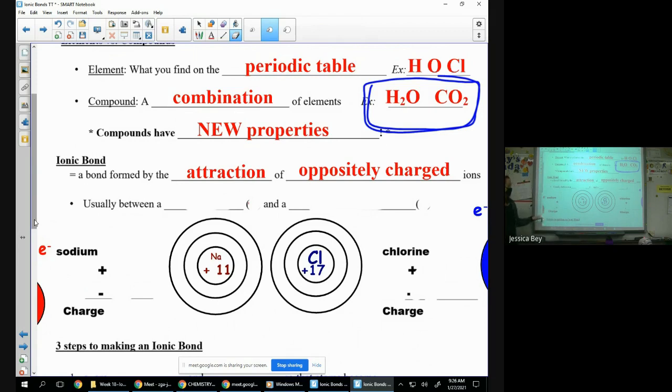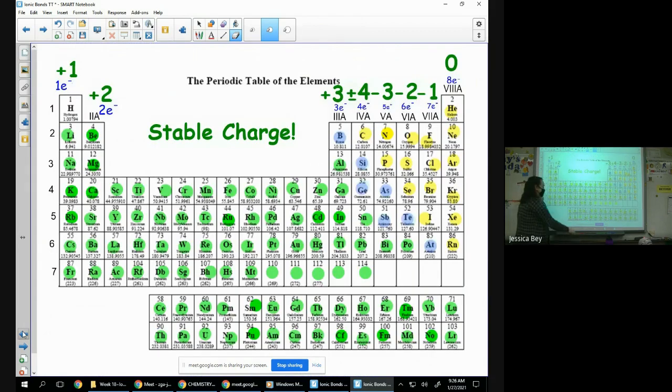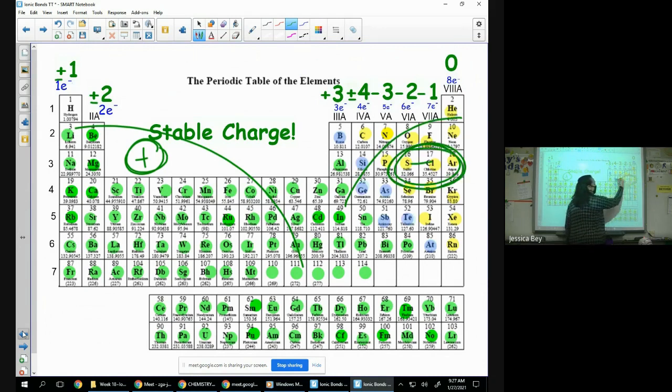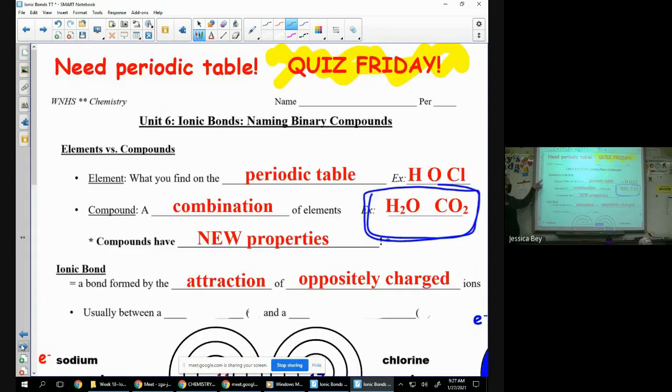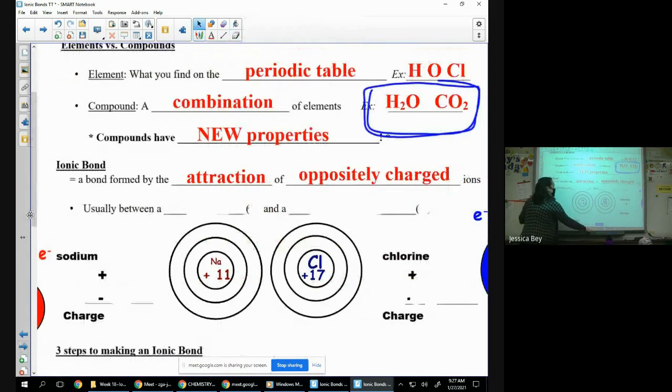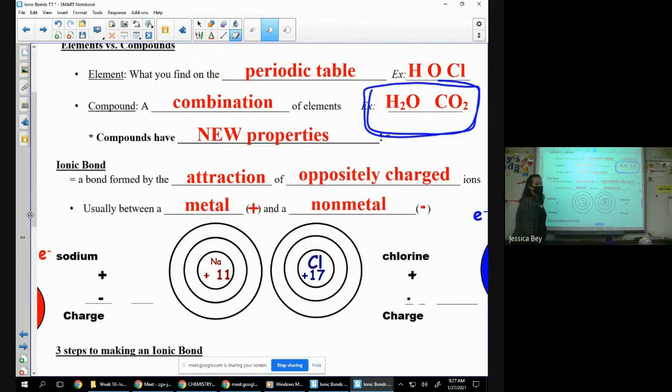Correct? And you guys remember from the last unit, we said that the metals over here always tend to become positive. And now you guys know exactly their positive charge. And over here, they tend to become negative. So what that's going to tell us is when we have an ionic bond, okay, more often than not, it's going to be between a metal, which is positive, and a non-metal.